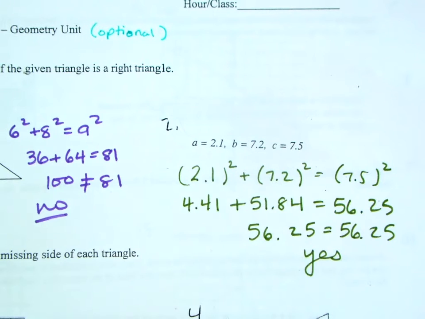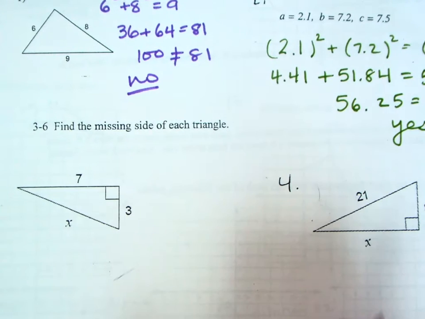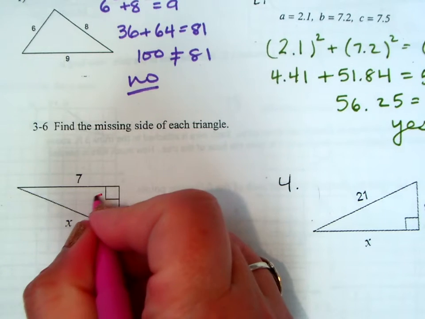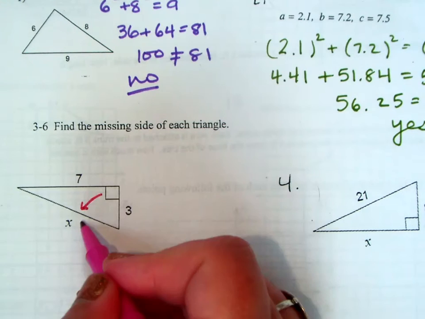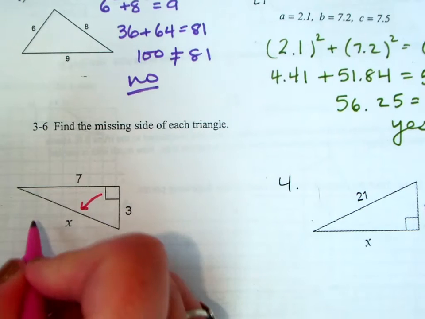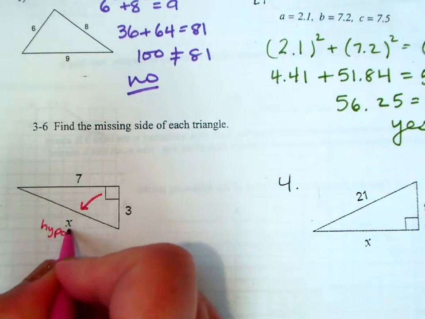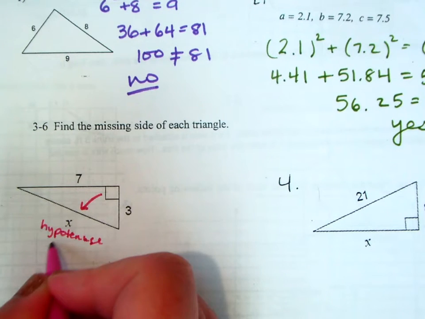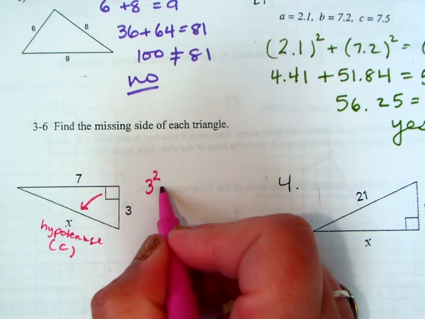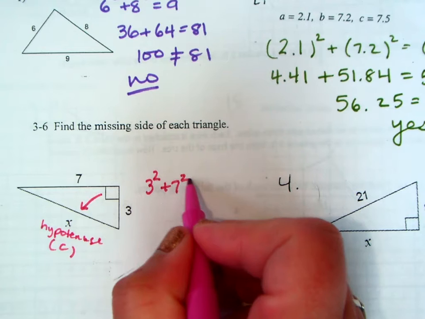All right, so this next problem here, we notice that the side across from the right angle is the hypotenuse. So that's the long side, or that's your C. Okay, so you're going to do 3 squared plus 7 squared equals C squared.